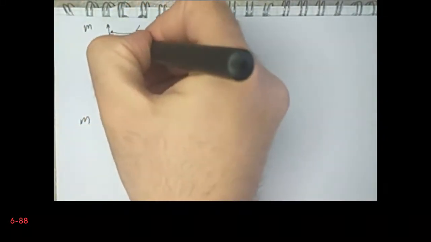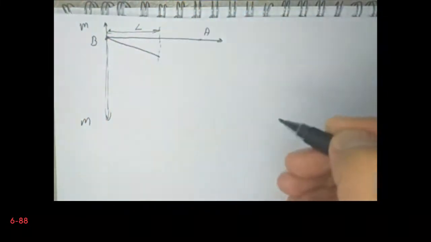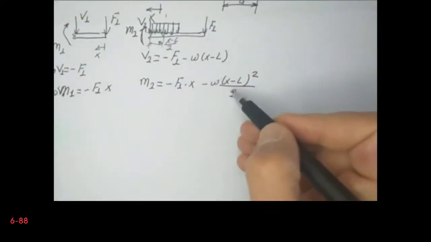It increases like this from B to the center, and then I have this parabolic part.